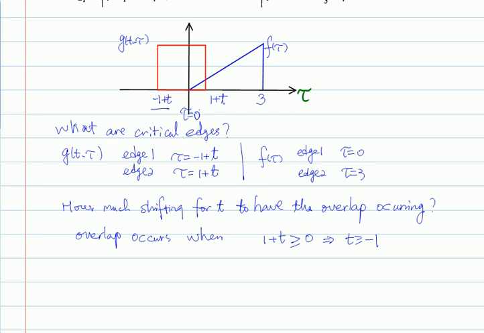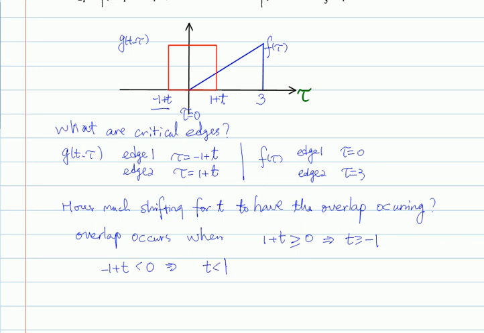I'm shifting this box to the right, but not totally to the right. I'm keeping the edge tau equal to -1 plus t on the left side of tau equal to 1. So when -1 plus t is on the left side of tau equal to 1, you have -1 plus t less than 0, and that gives you t less than 1.